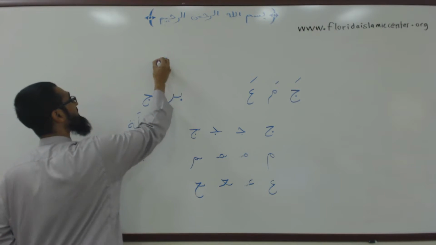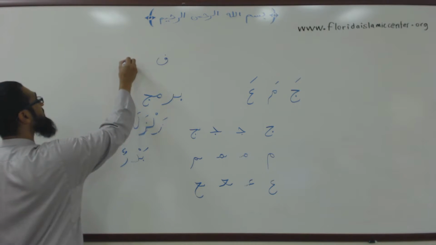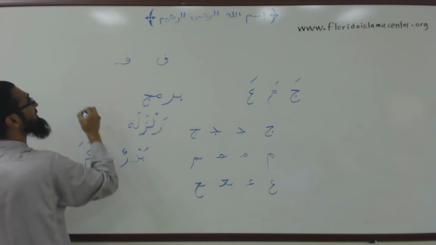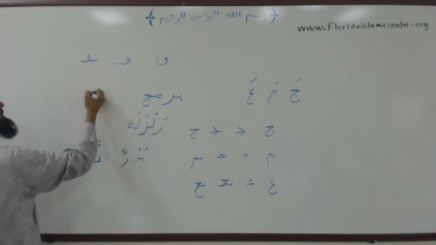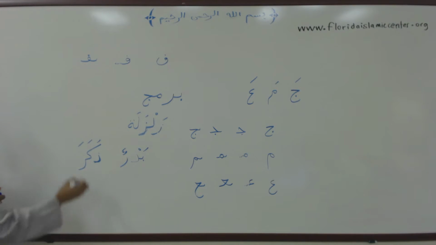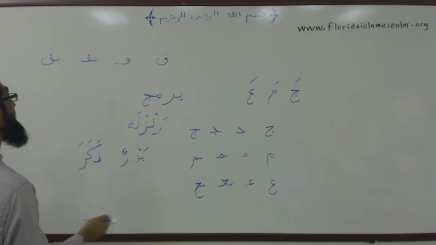Fa, when it's isolated, looks like this. In the beginning of the word, it's going to be like this, and then whatever's there. In the middle, it's going to be like this. And in the end, it's going to look like that. So, hafidha.